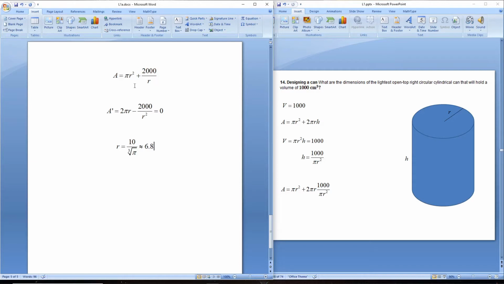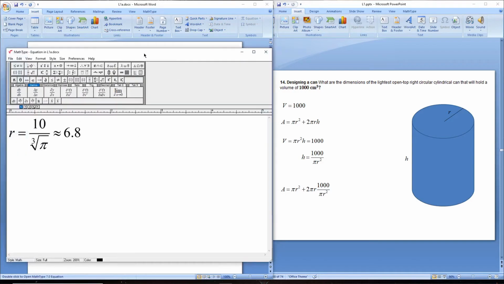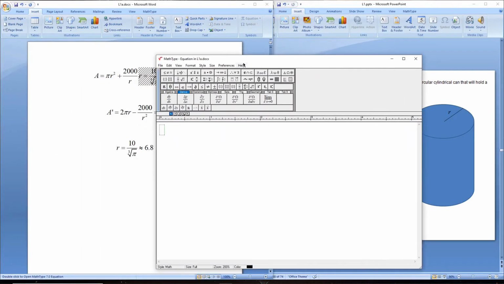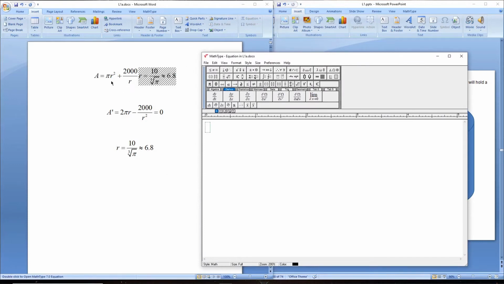And let's go back to the original function up here and look at what its domain would be. So pi r squared, it's a polynomial that accepts all real numbers. However, 2,000 divided by r will have division by 0 when r equals 0.